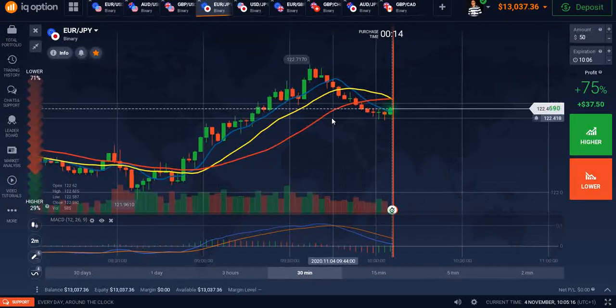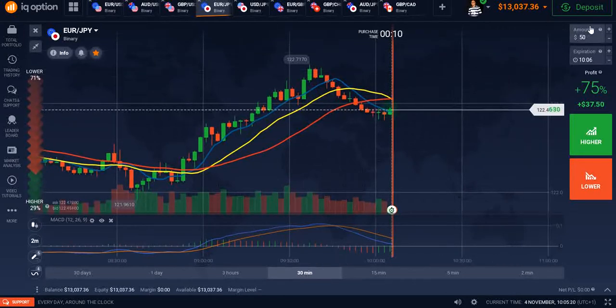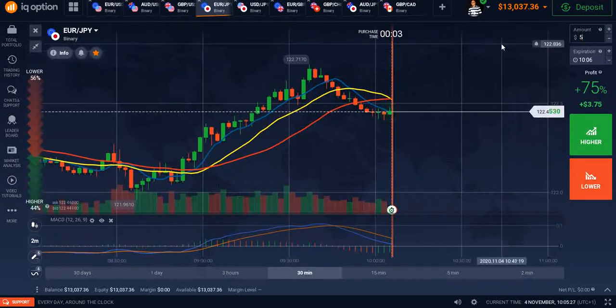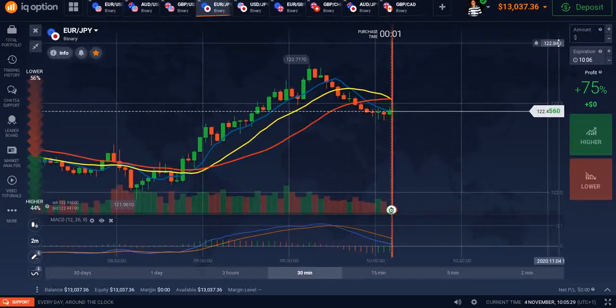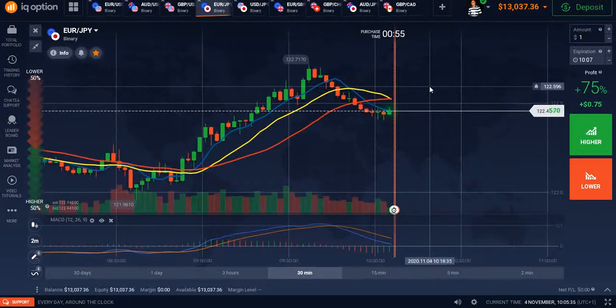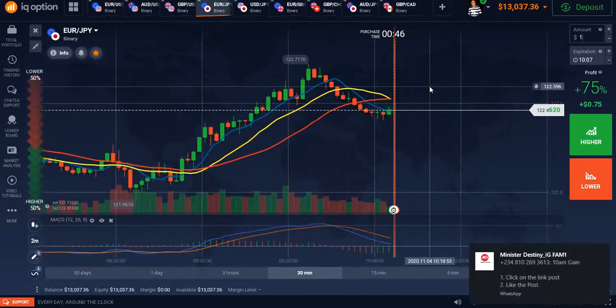So once you have $100 and you want to trade, you just have to set this to $5. You can see here, this is $13,000. I'm still on $50. Just put it at $5 if you have $100 in your account. If you have $10, you don't have a choice other than to put $1. That is 10% of your investment. But if you have $100, you can put like 20%, 15%, 30%, 25% of your investment, all of those are still cool for you.